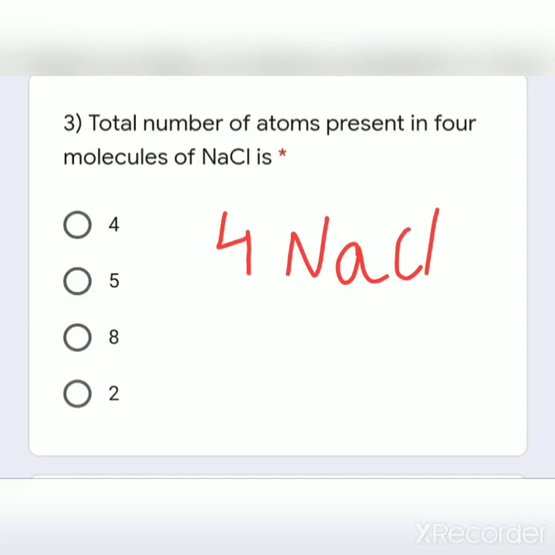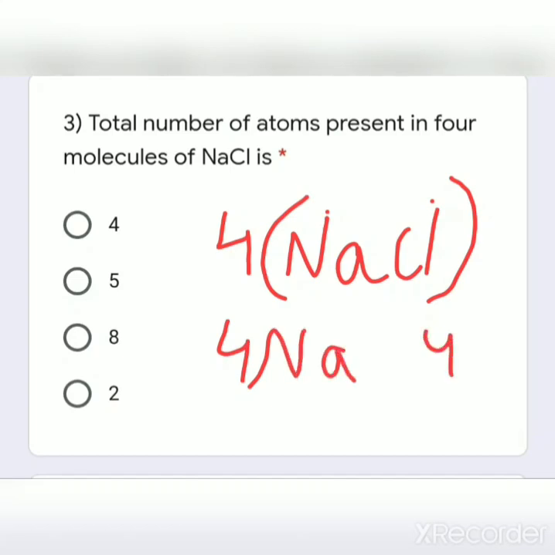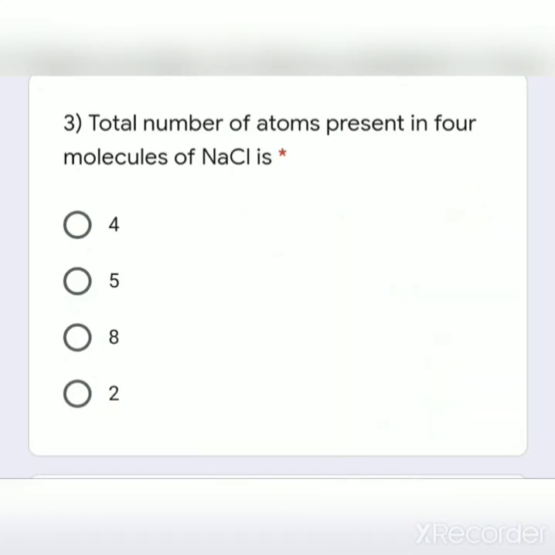That means this 4 applies to both terms. So there are 4 sodium atoms and 4 Cl atoms. So in total we can say 4 plus 4, 8. A total of 8 atoms are present in 4 molecules of NaCl. So the correct option is 8.